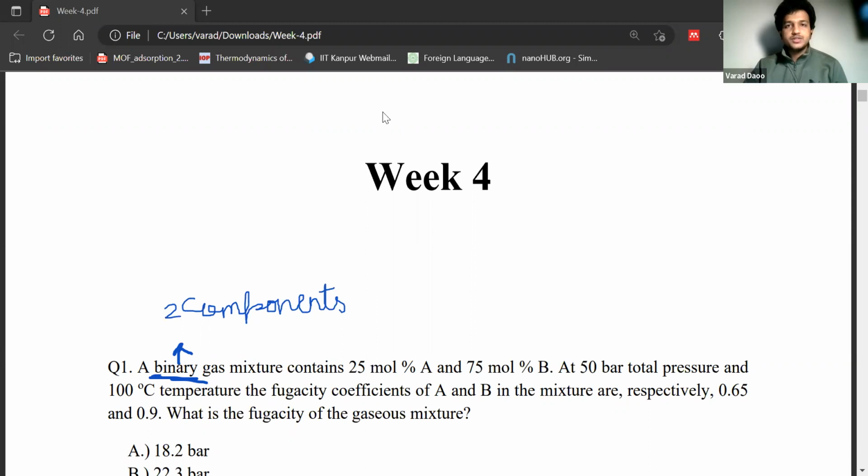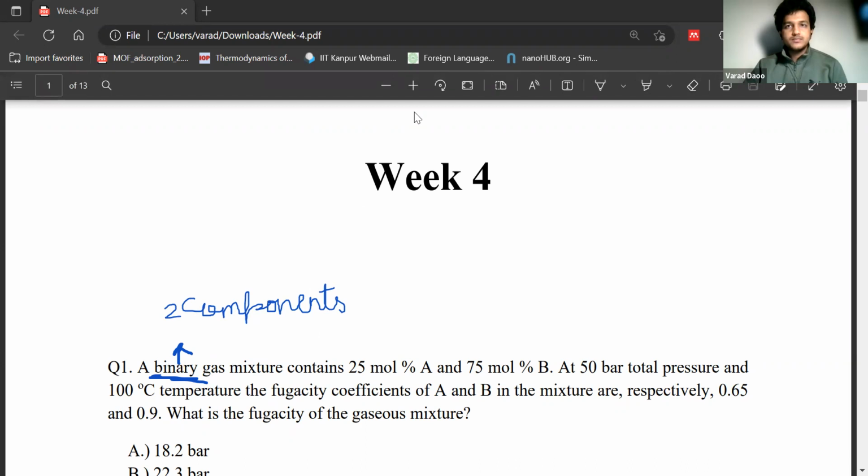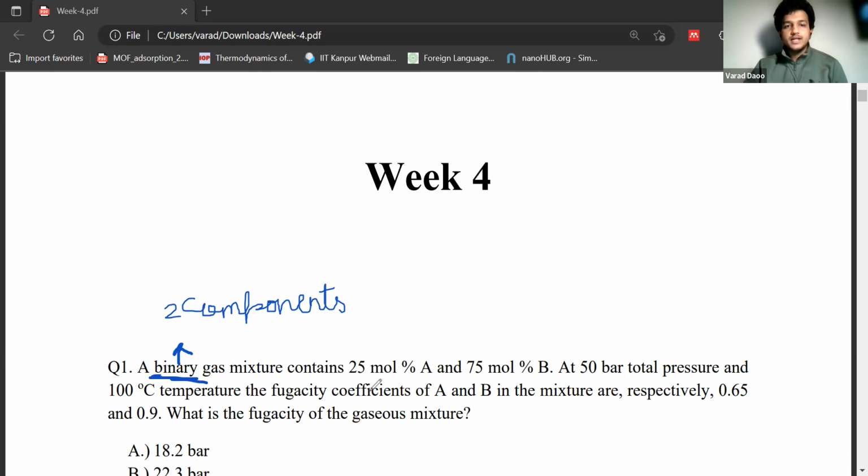A binary gas mixture containing 25 mole percent A and 75 mole percent B at 50 bar total pressure and 100 degrees Celsius of temperature. The fugacity coefficients of A and B in the mixture are respectively 0.65 and 0.9. What is the fugacity of the gaseous mixture?